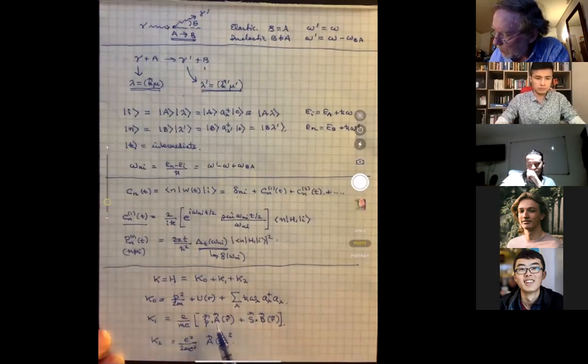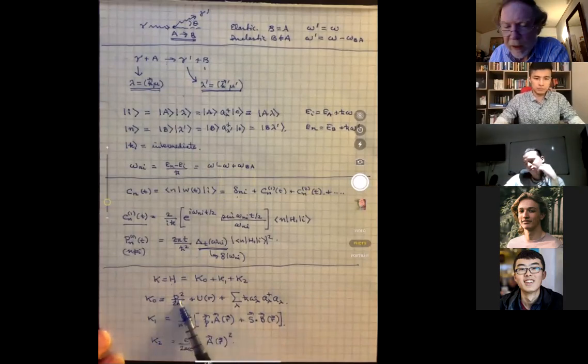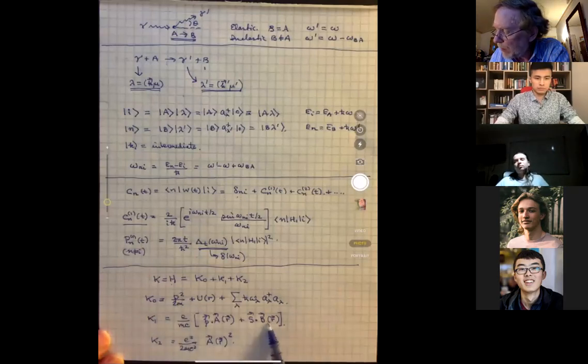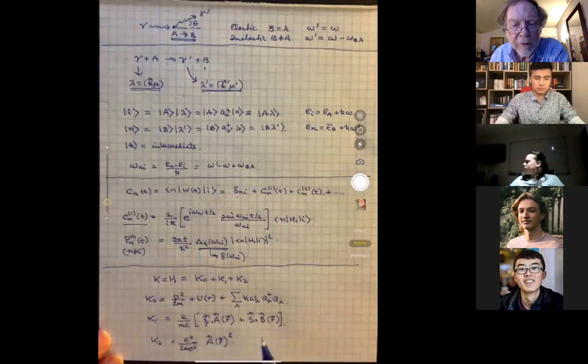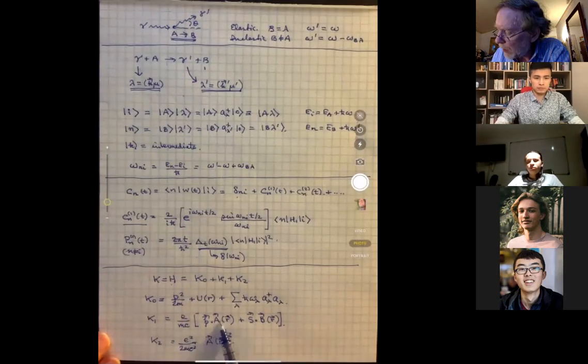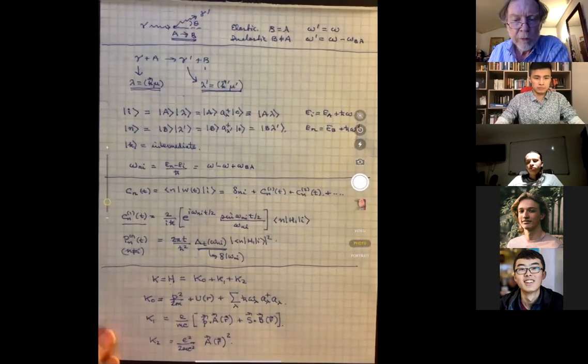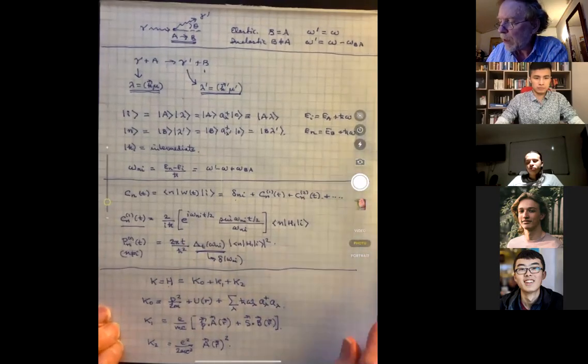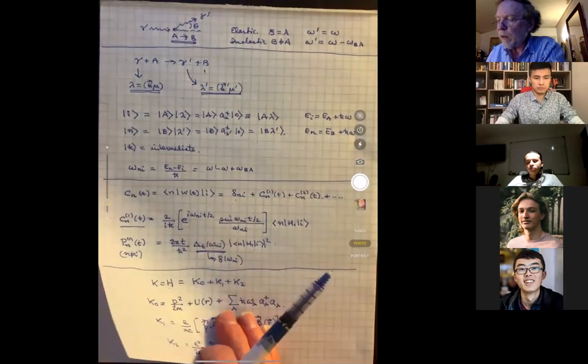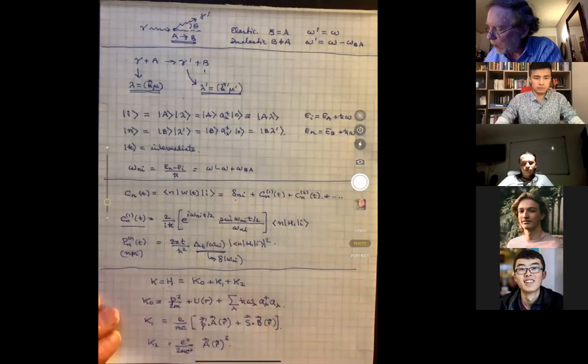This P dot A and this A squared term come from the expansion of the kinetic energy in the matter part of the Hamiltonian. The S dot B comes from the mu dot B term of the interaction of the electron with the magnetic field. And to remind you again, this A and the B here are now quantized fields, which we usually write as a Fourier series in terms of a's and a daggers that provide the coupling to the electromagnetic field. So this is the Hamiltonian setup.